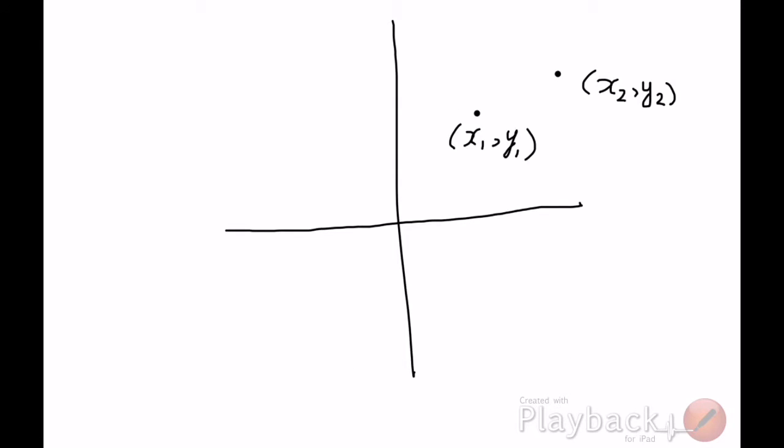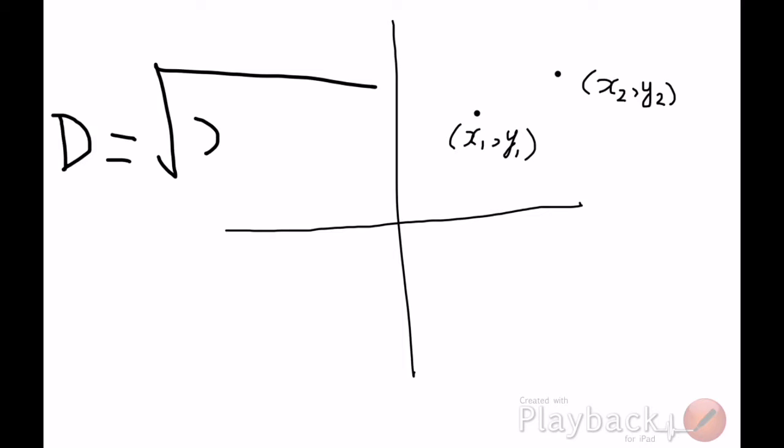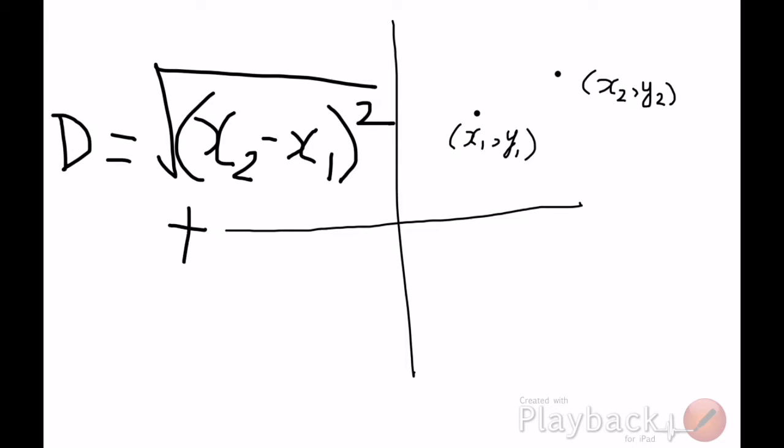The distance formula is d equals the square root of x2 minus x1 whole square plus y2 minus y1 whole square.